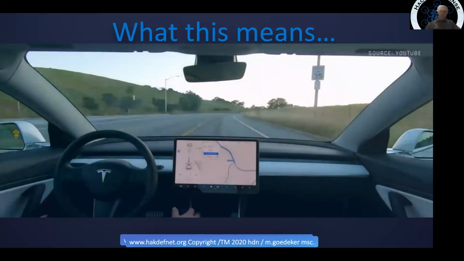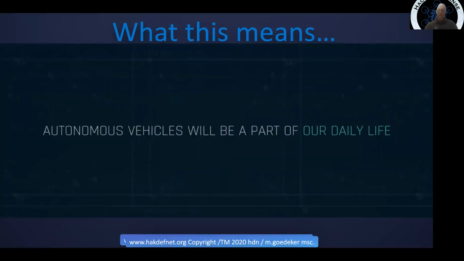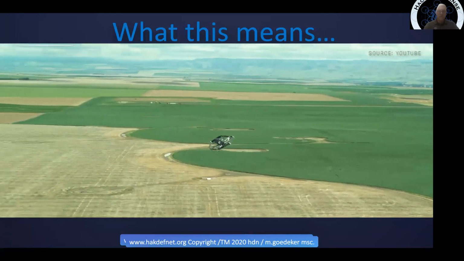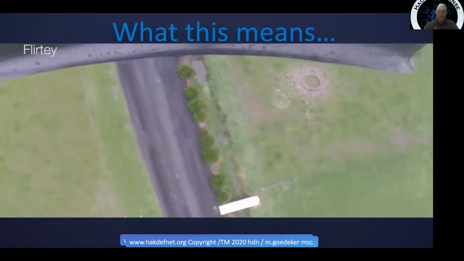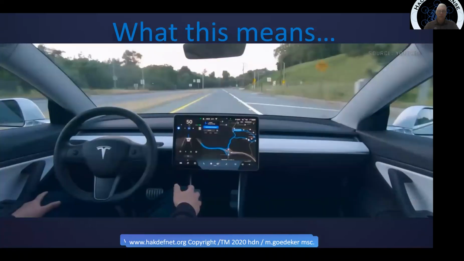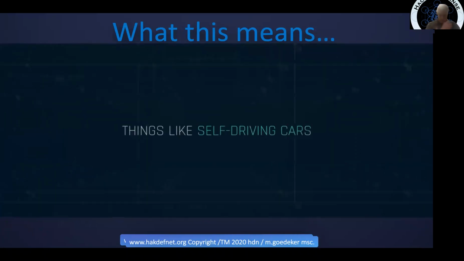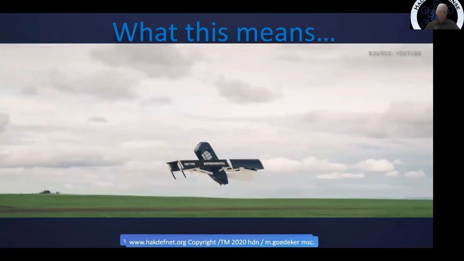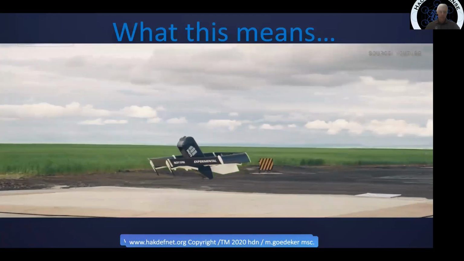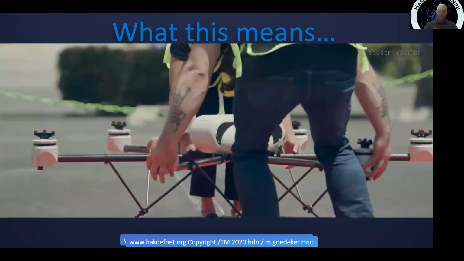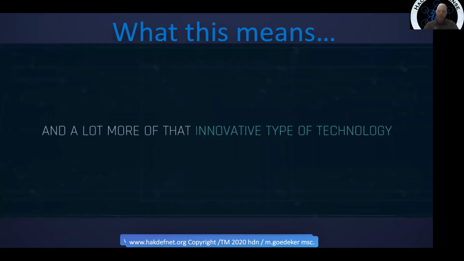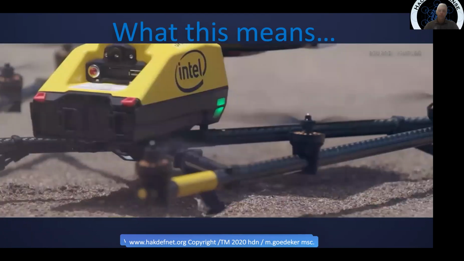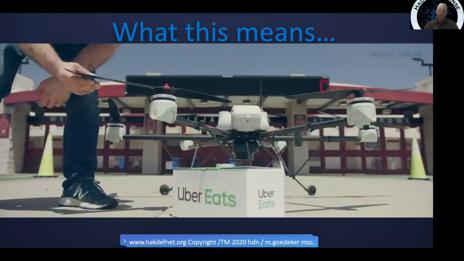In the near future, autonomous vehicles will be a part of our daily life. We are all seeing a glimpse of this future now, even as we speak, in the new different types of emerging technology. Things like self-driving cars, planes landing on their own, drones flying autonomously and independently throughout an entire geofenced arena, and a lot more of that innovative type of technology that is constantly coming our way faster than we can ever have imagined in the past.